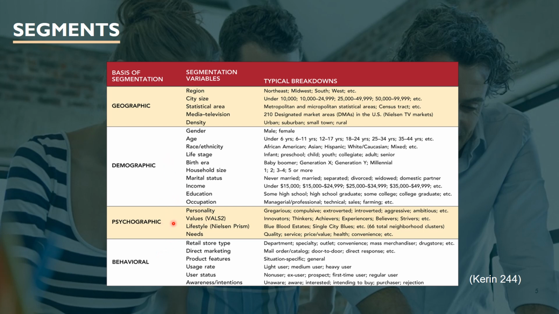The psychographic of our target market is the thinkers, it's the achievers, it's the active lifestyle, right? You want to talk about those things because they live in the ages between 18 to 24, young professionals making 50,000 to 75,000 a year. That's what you want to talk about. That's the information that you want to put down in that section.